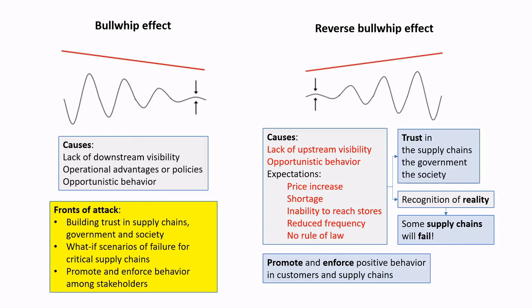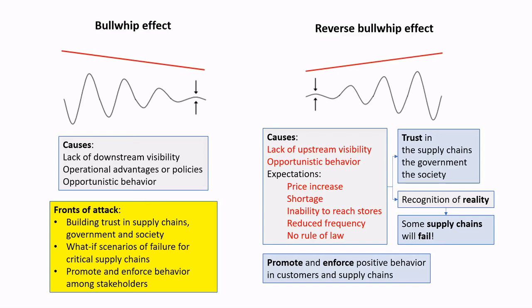The second form of attack, I would say, is to plan for the case of failure of these critical supply chains. This means that you will need first to identify which are those critical supply chains. Maybe food, health products.